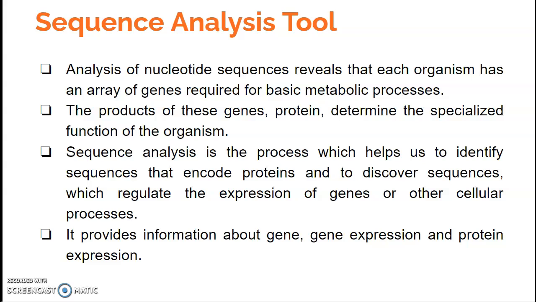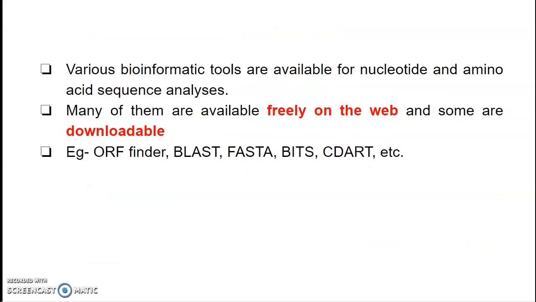Sequence analysis is the process which helps us to identify the sequences that encode the protein, and to discover how these sequences are expressed and how they bring about cellular processes. So it provides information about gene expression and protein expression.